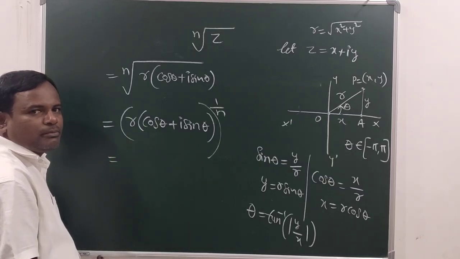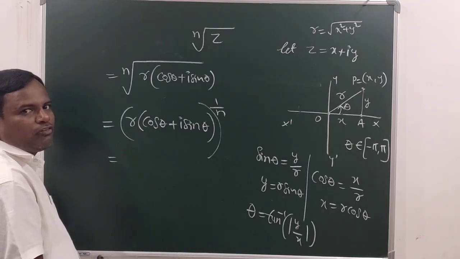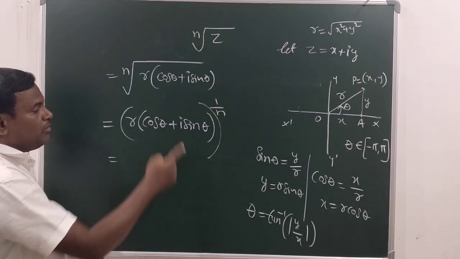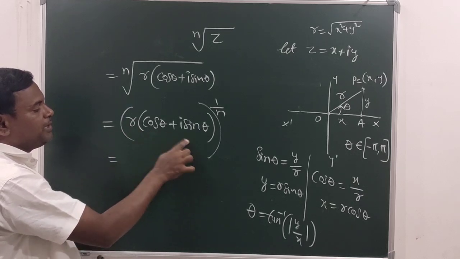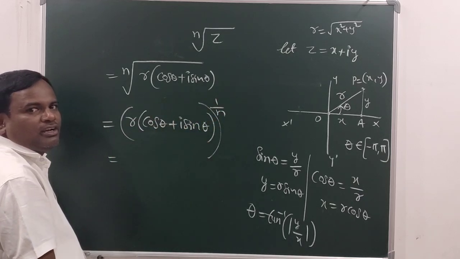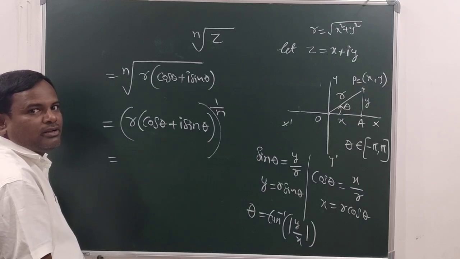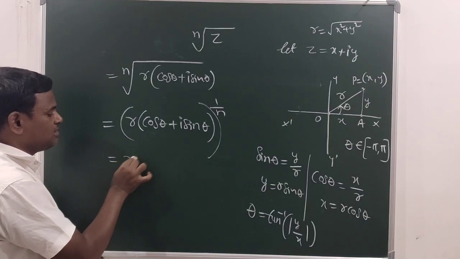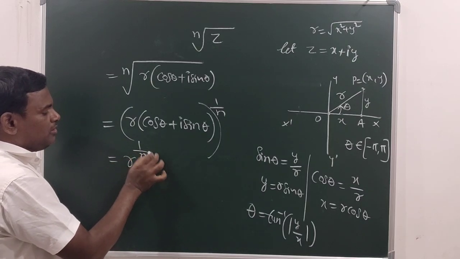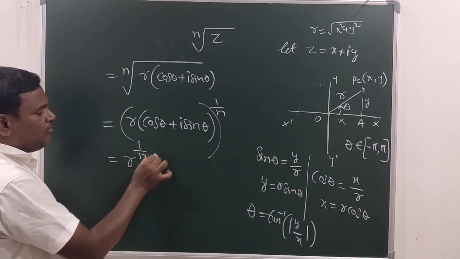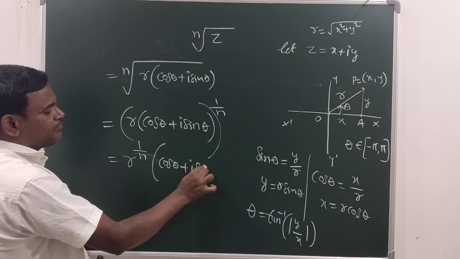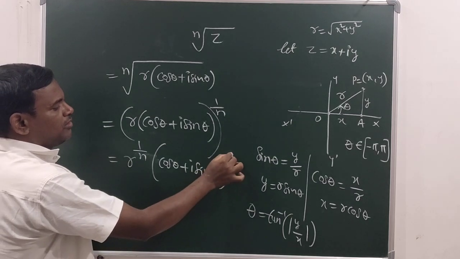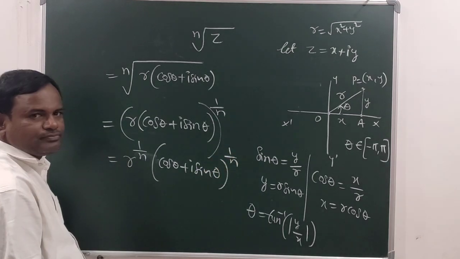On applying the theorem, see, here it is looking like A, this is B. AB whole power m can be written as A power m into B power m. So r power 1 by n into cos theta plus i sin theta whole power 1 by n.